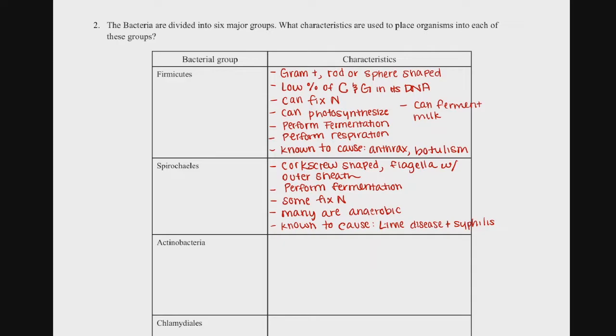Alright, actinobacteria. This guy has a high percentage of guanine and cytosine. I'm just going to put their abbreviations, G and C, within DNA. They are gram-positive and are rod and filamentous shaped.